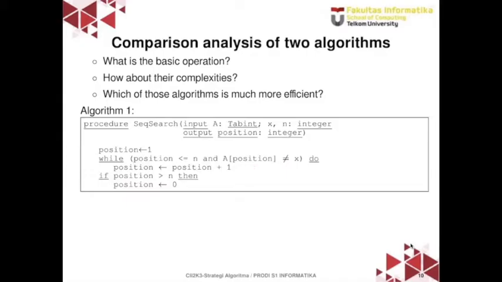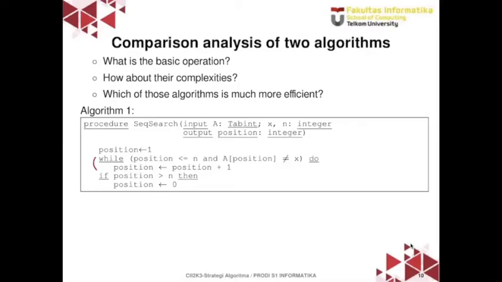But here we will consider the loops. The question is, how many times do we need to go inside the loops in the worst case? So here we have the condition for the loops.